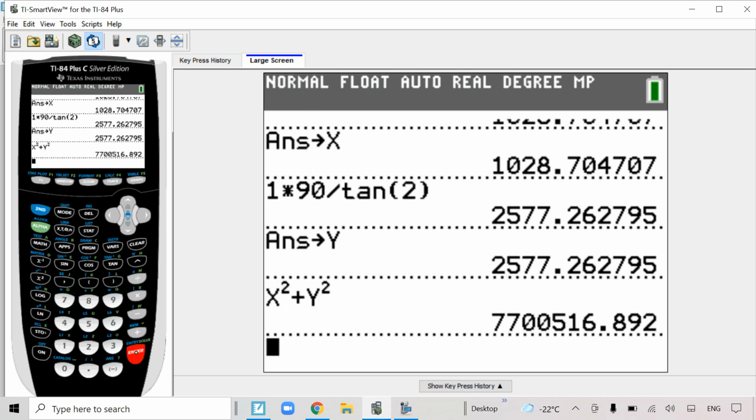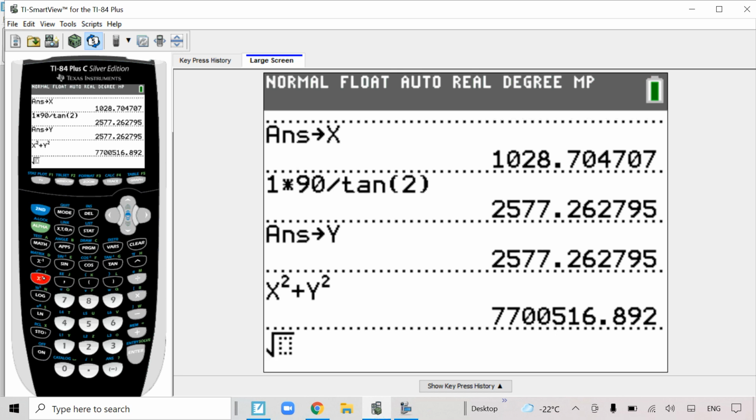Now remember that is c squared, not the square root. So I do need to take the square root, so I will use the second answer key. Square root of the answer, and there is my final answer.